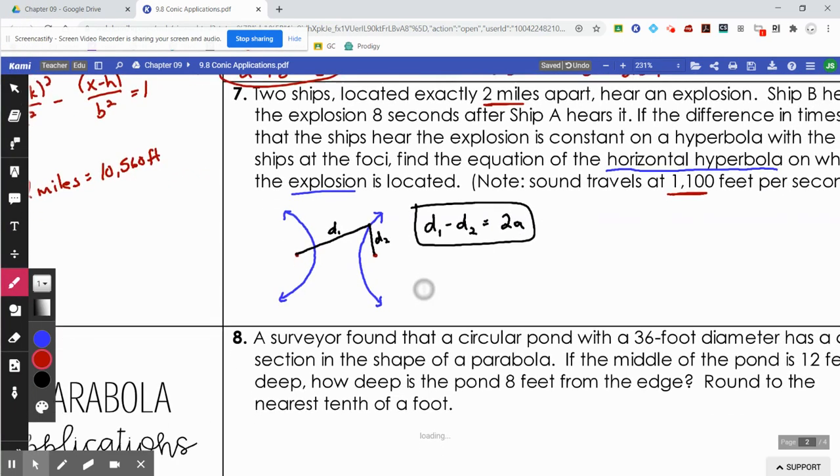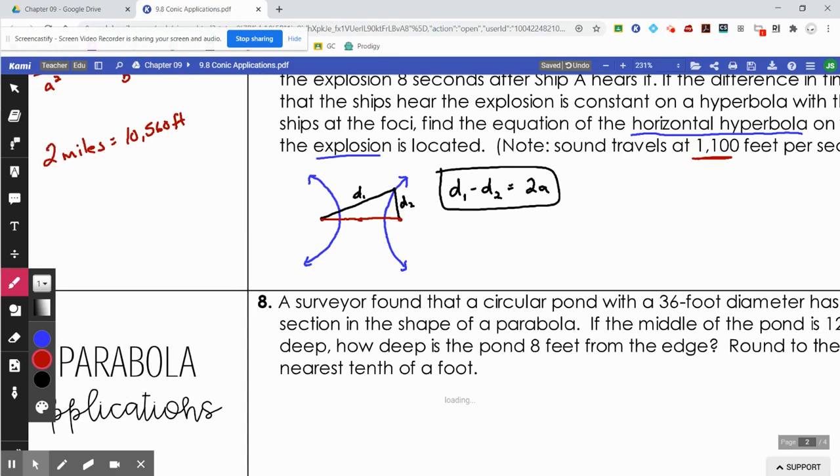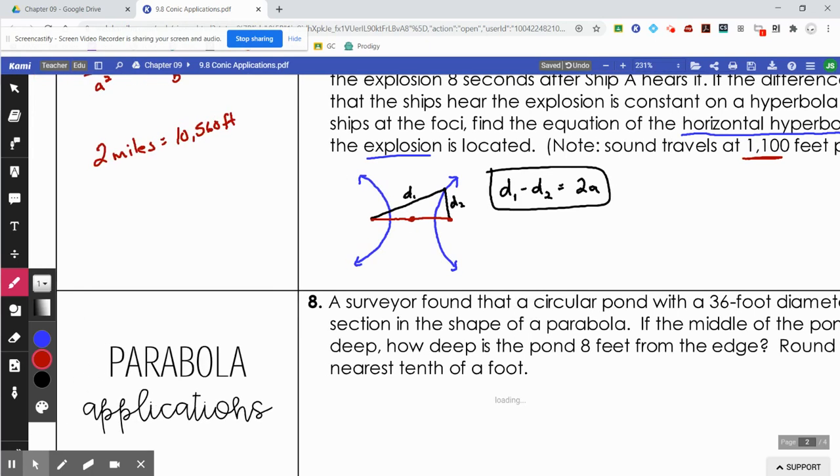So therefore, there's the distance. So we're going to let this right here be the center. And the distance from here to here is 5,280. The distance from here to here is 5,280. If you don't remember, since the ship is at the focus, the distance from the center to a focus is your C value. So C in this problem is 5,280 feet.